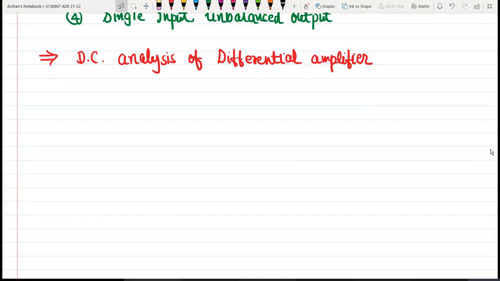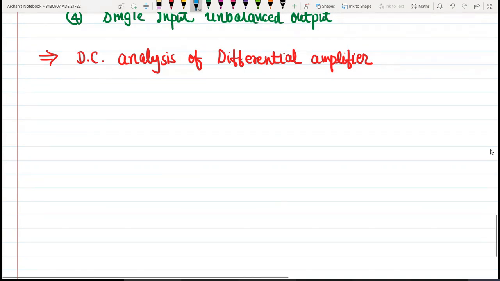We know very well from basic electronics subjects, I have told you why we use DC analysis of any switch or semiconductor device: to obtain the operating point values, the Q point. So if transistors are used, what are the operating points? The operating points are ICQ and VCEQ.